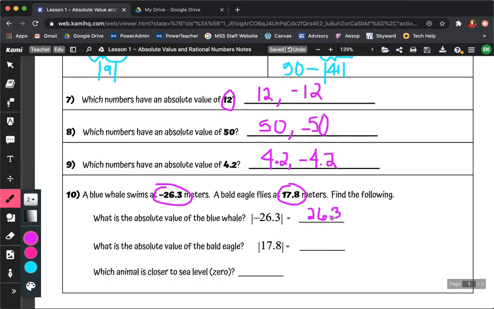We'd say they're 26.3 meters below sea level. And the bald eagle, the absolute value of 17.8 is 17.8, or 17.8 above sea level. So which one is closer to sea level, or that 0 or that ground? The 17.8 is lower, it's closer to 0, so the eagle.